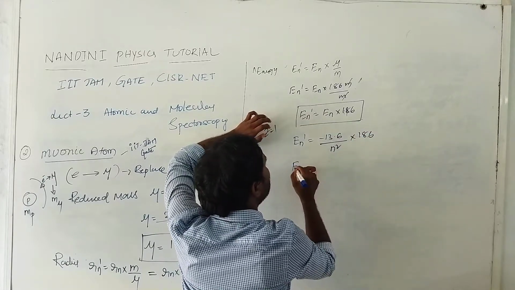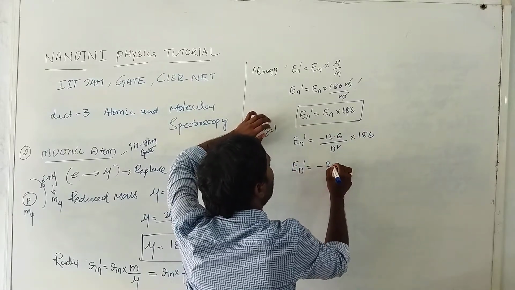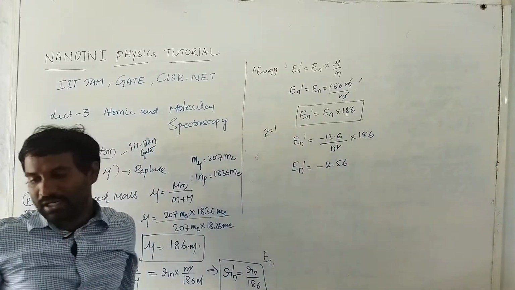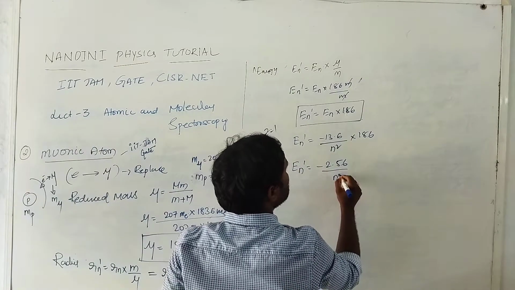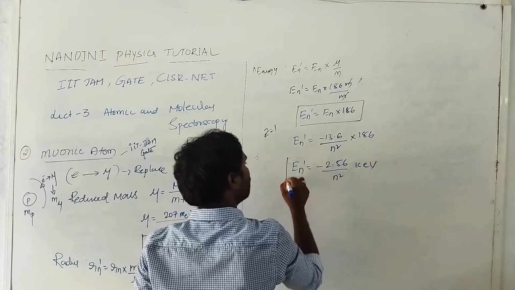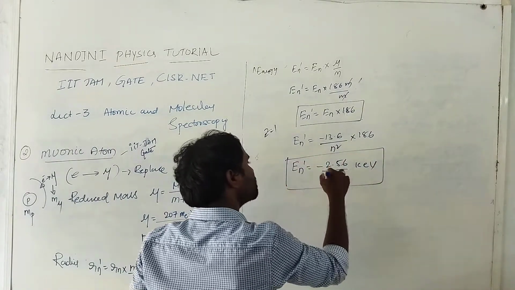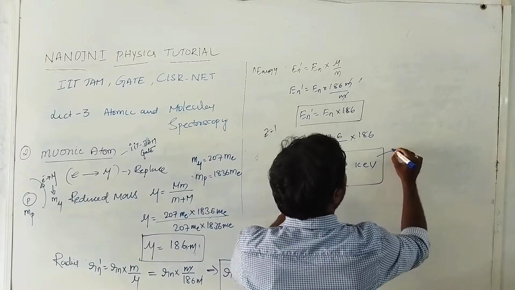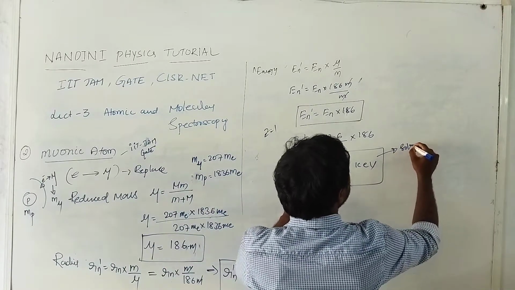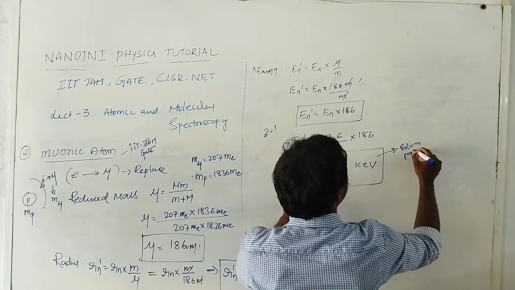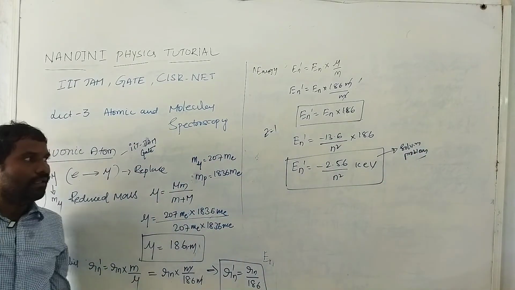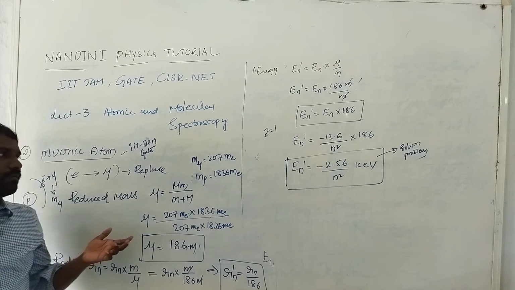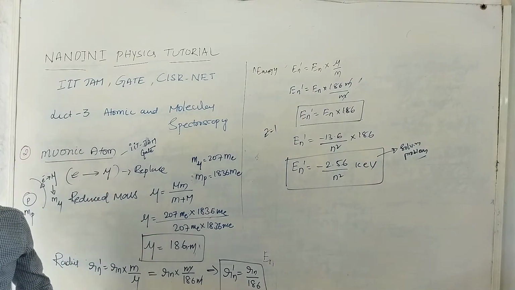So this value En dash is equal to minus 2.56 divided by n square in kilo electron volt. You will use this value in solving more problems. So this is a very important theory, understand. This is about the muonic atom and the positron atom.